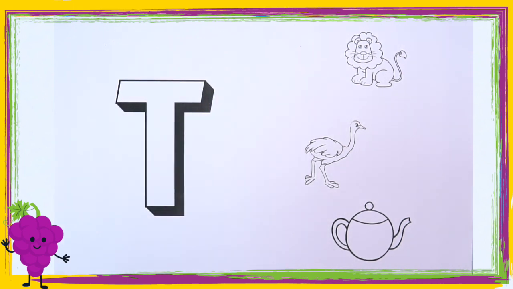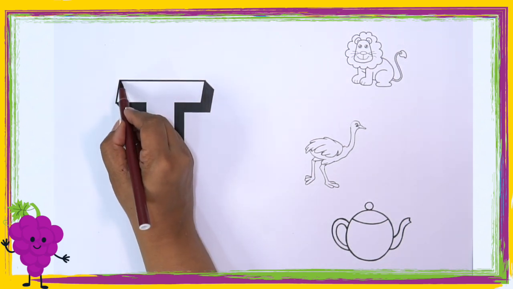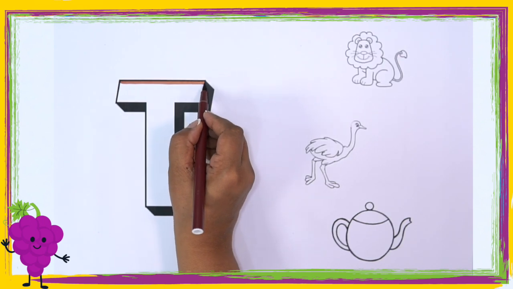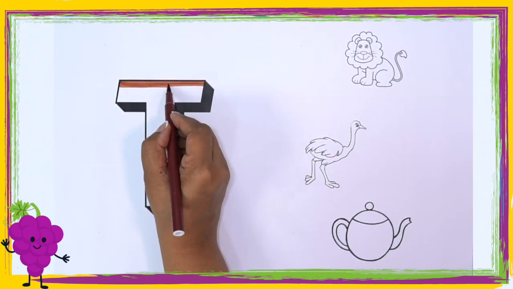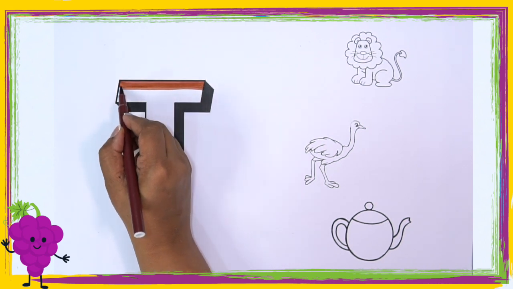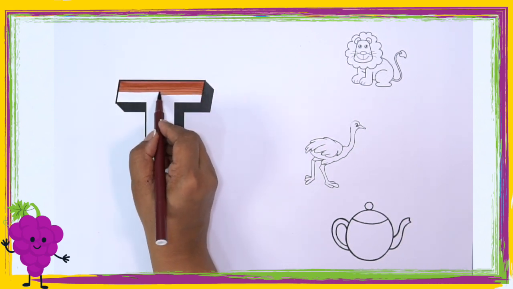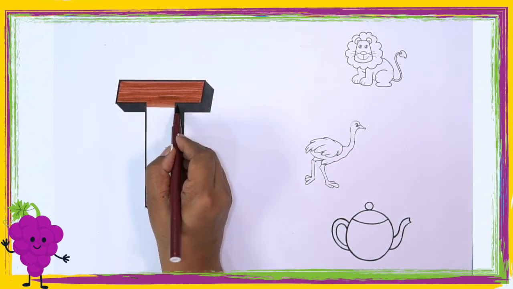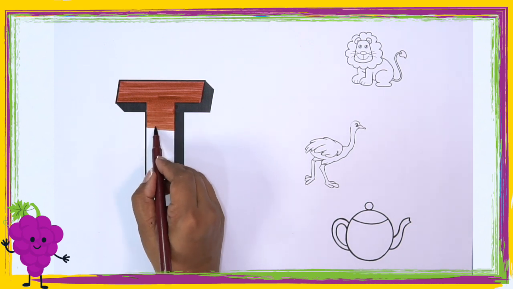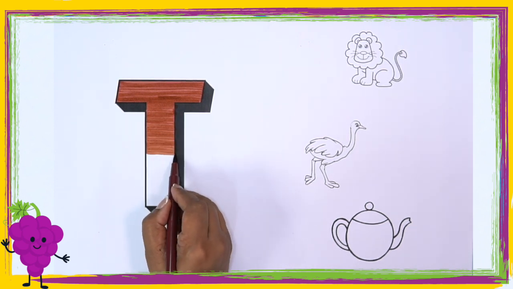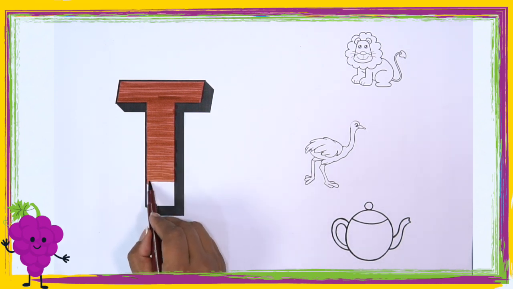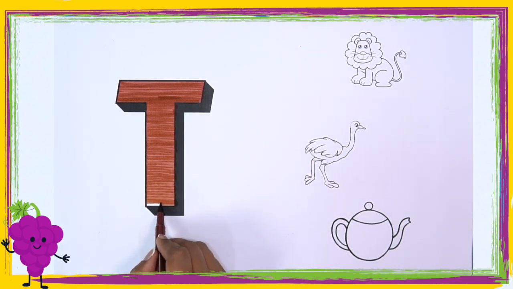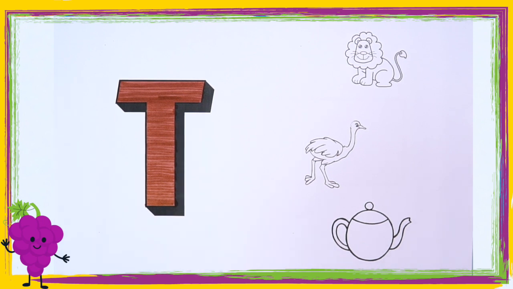This is T. Let's color the alphabet T. T. Can you help find us what comes from T?